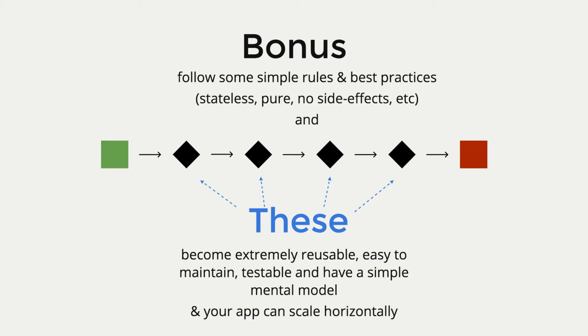They're just transformative functions, okay? They're easy to maintain, and very testable because typically they're pure and stateless, and you just worry about them in isolation. They can have a simple mental model because when you're working on one of these things, you don't care necessarily about the whole entire flow. You're just worried about one little thing.